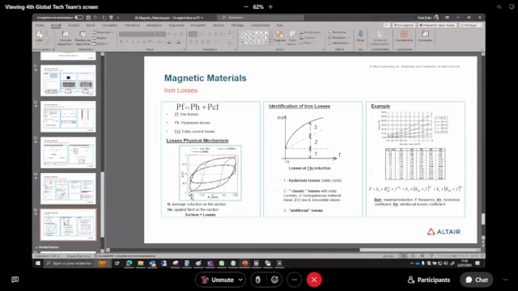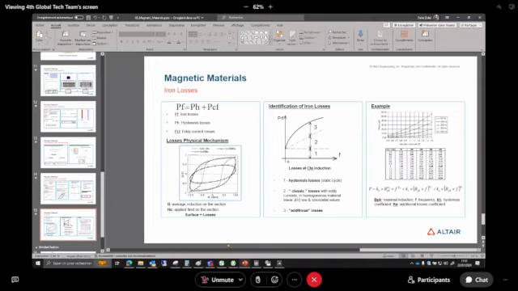And you can see the other ones for 50 hertz and 200 hertz. Then, depending on the frequency, you will have given hysteresis losses. And depending on the flux density you create on the lamination, you will also have given hysteresis losses.